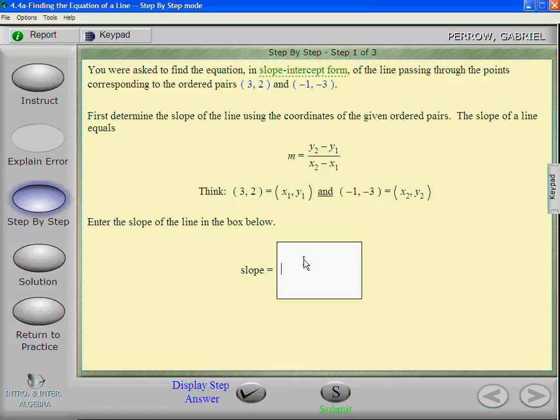So on paper in front of myself here, I'm going to fill into the formula, and it's going to be -3 minus 2 over -1 minus 3. So we end up with -5 over -4. Double negative gives you a +5 over 4. That's your rise over run for this line.